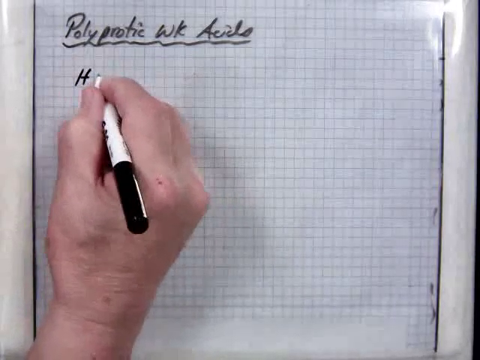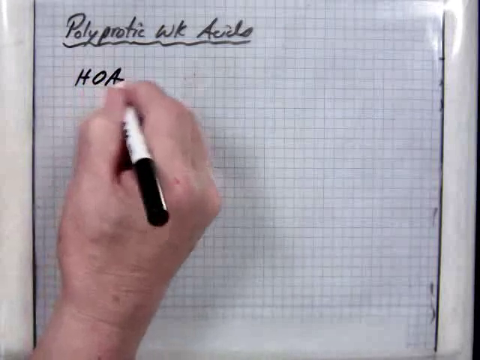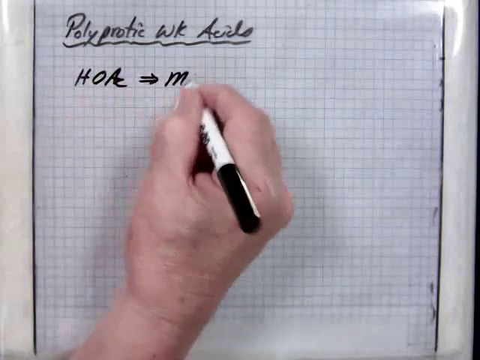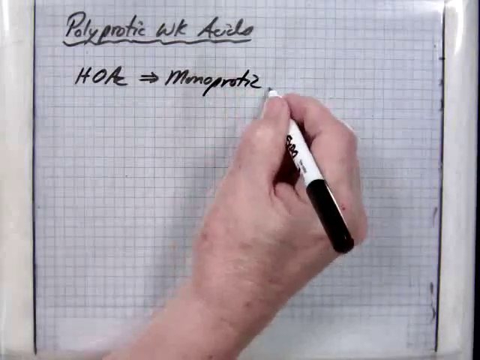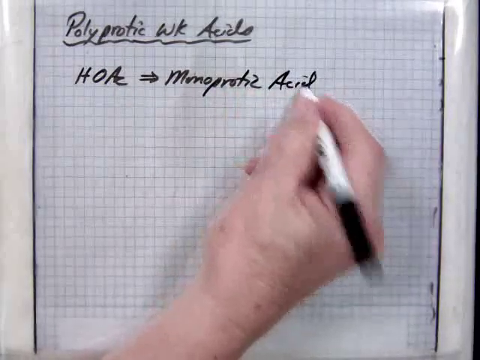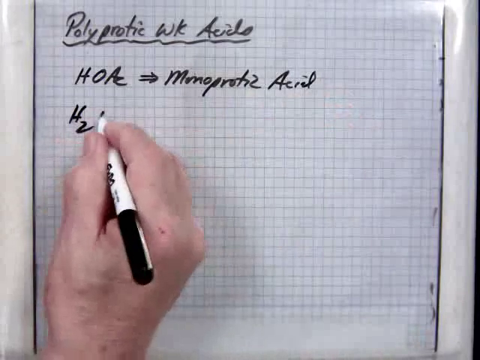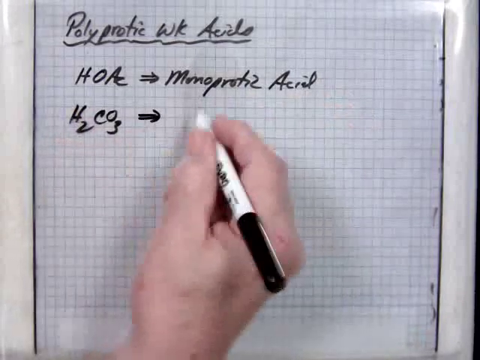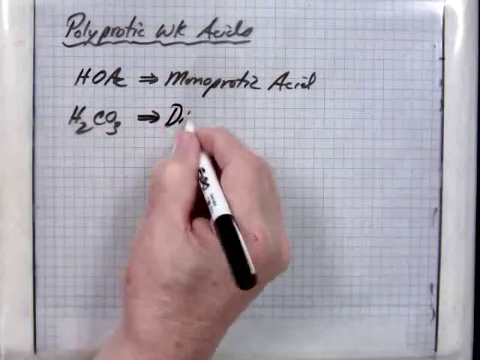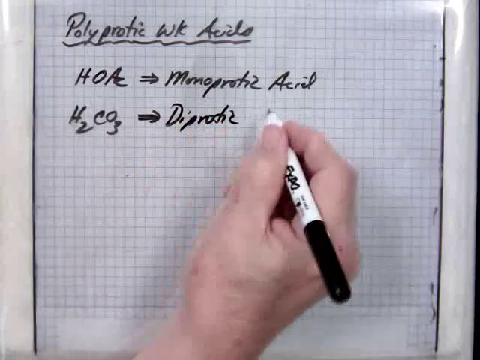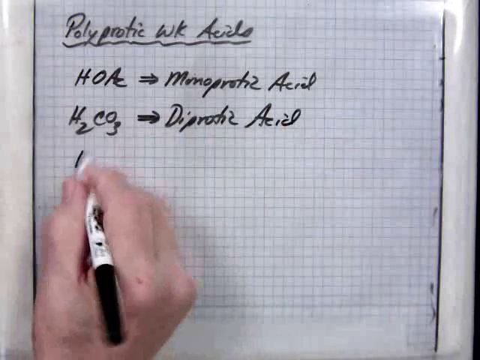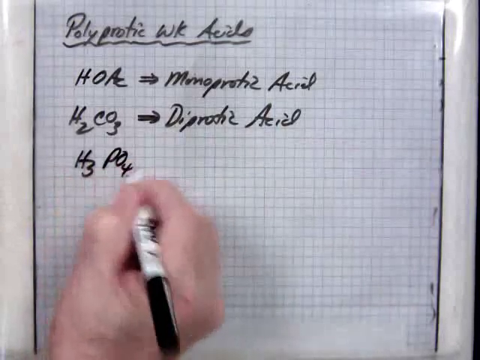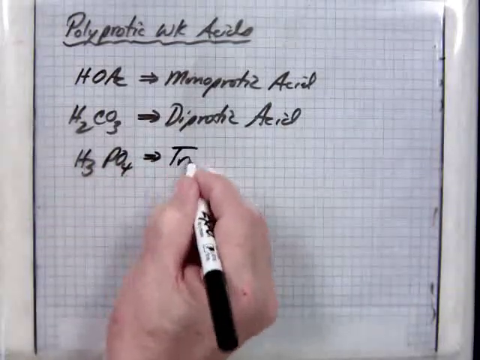Say HOAc is a monoprotic weak acid. If you have H2CO3, this is a polyprotic or a diprotic acid. And then you have those like H3PO4, a triprotic acid.